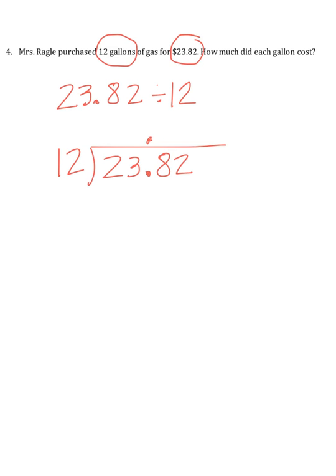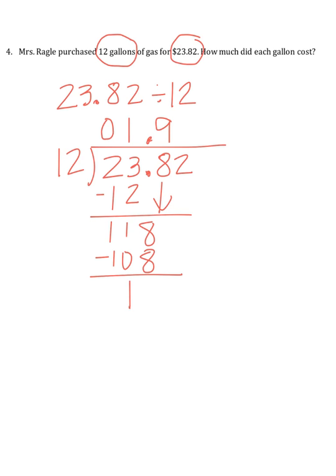12 goes into 2 0 times. 12 goes into 23 one time. And we bring down our 8. 12 goes into 118 9 times. 12 times 9 is 108. We subtract.